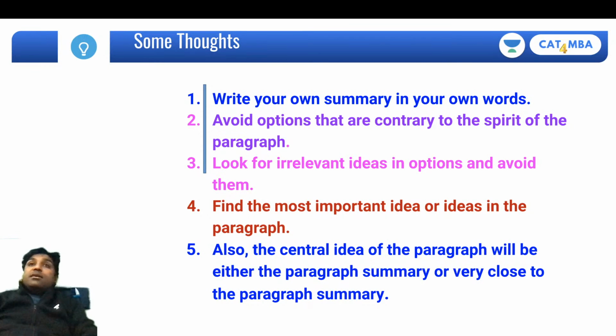A paragraph in a summary question is a small paragraph. It cannot have a lot of ideas. One major idea has been repeated very often in the paragraph, or one idea has been mentioned and its supporting ideas have been mentioned. So a right option will contain either the most important idea or the most important ideas mentioned in the paragraph.